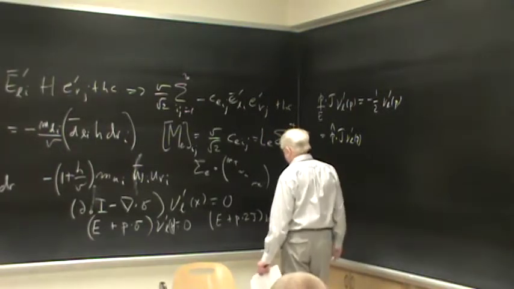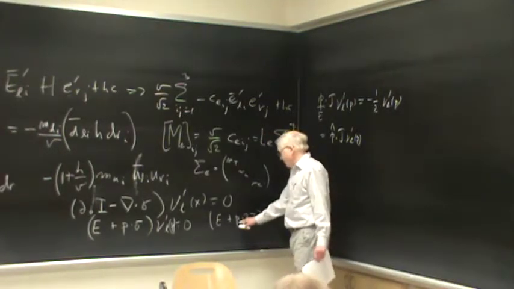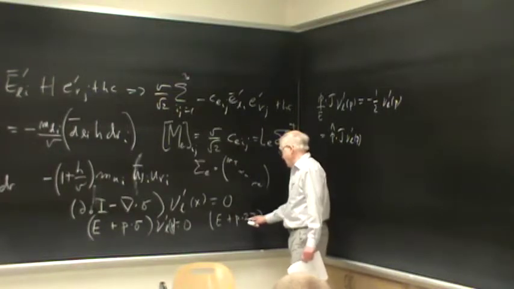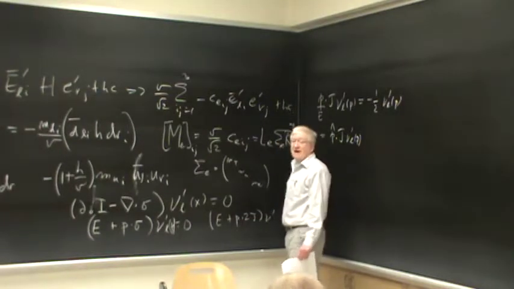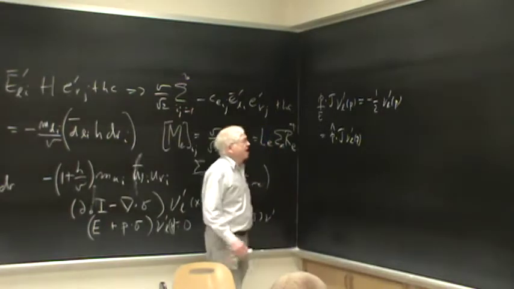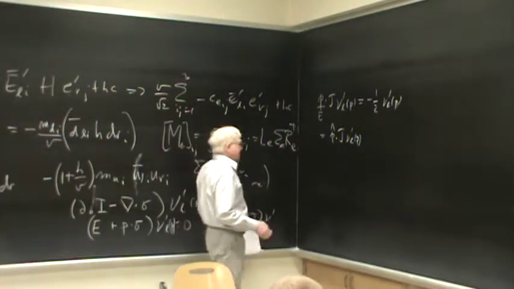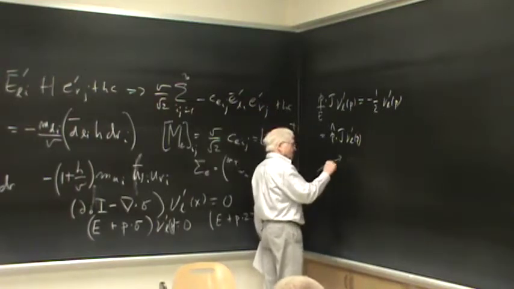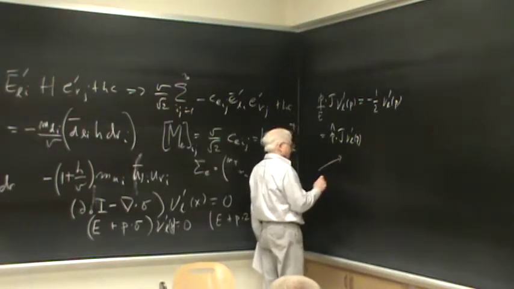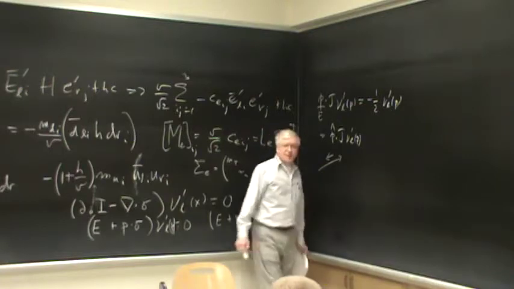And so dividing through, it's p hat dot J is minus a half. All right, so that's what you have. The neutrino moves along, and the spin is backwards.